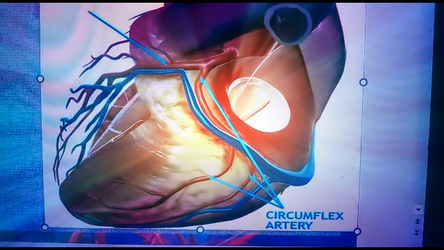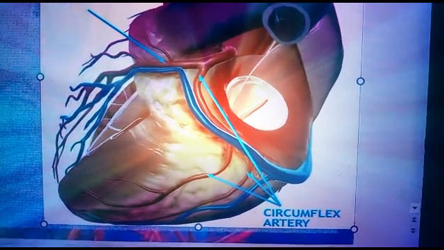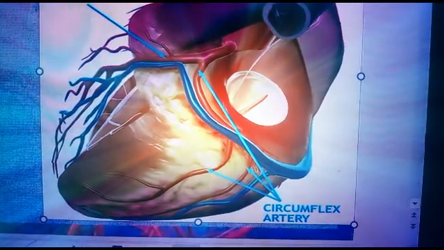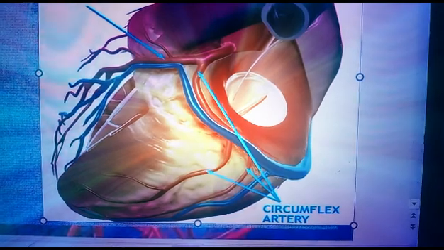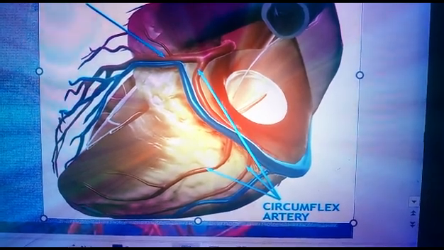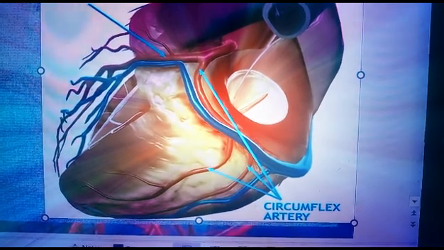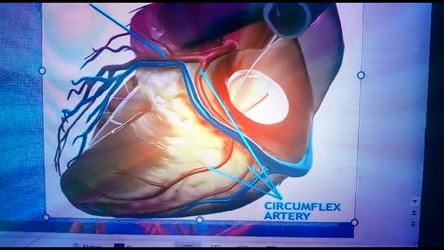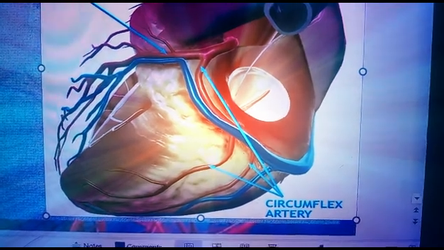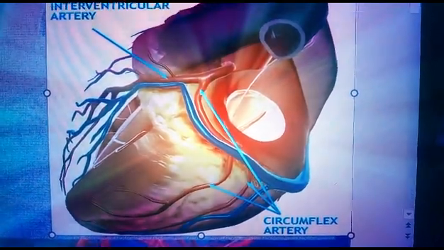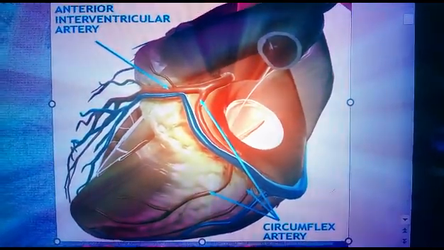The circumflex artery supplies blood to the left atrium, and the anterior interventricular artery is the main supplier of blood to the interventricular septum. So, ayan. That's the picture.